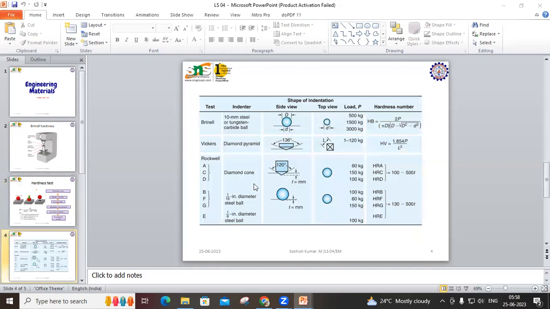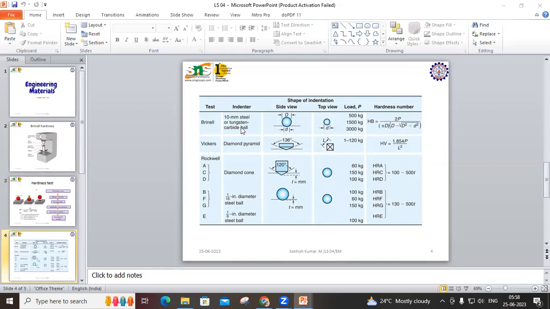This table shows the type of indenter, its side view and top view, the loads which can be applied for this Brinell hardness test, and the formula for calculating hardness.